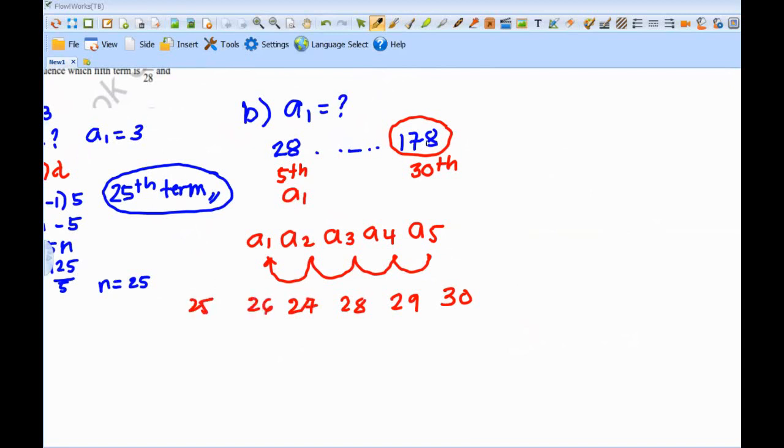This is the 30th, right? This is 178. Now, if we move this going to the left, the same as we moved the 28 as the first number, we will move also 4 times: 1, 2, 3, 4. So it means that the 178 is on the 26th number.